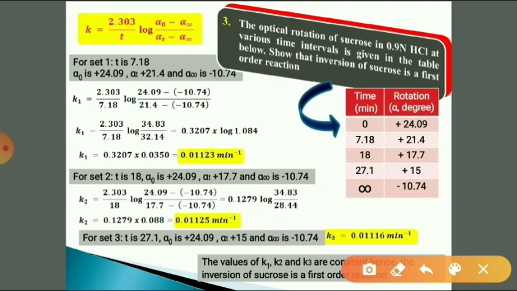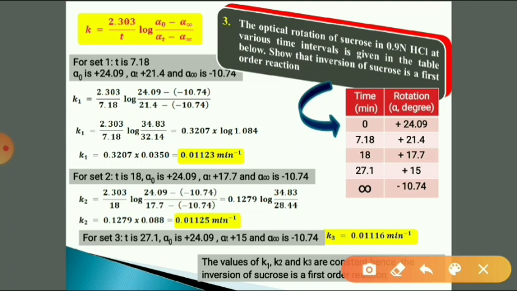So we have to show that the inversion of sucrose is a first order reaction. Now here in the given data the HCl is given, so we need not worry about the HCl or the normality. We only have to keep in mind the given data.